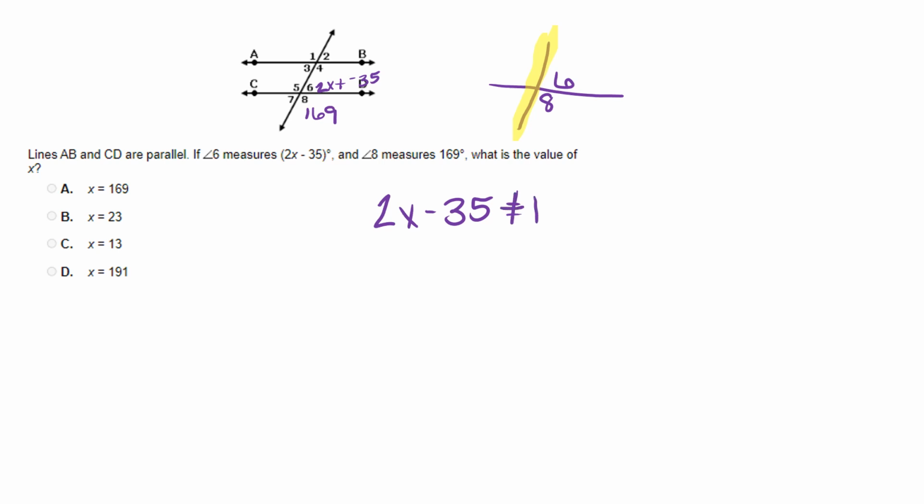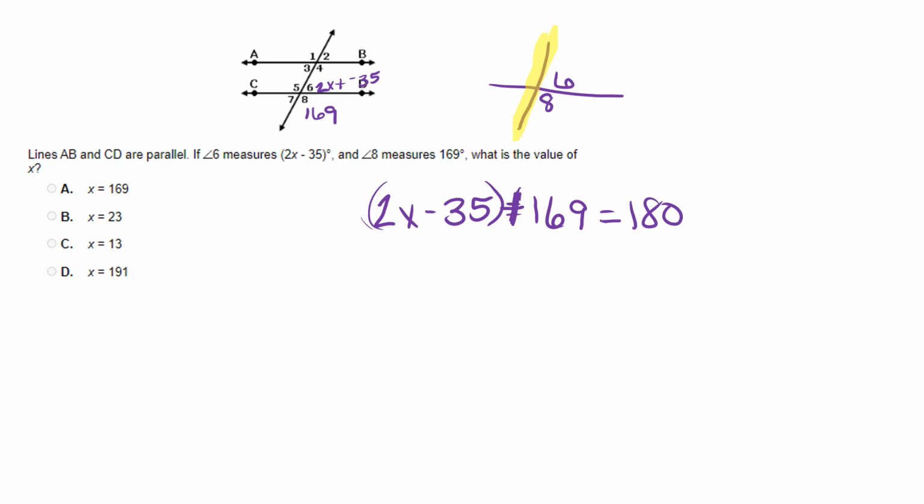Sorry, plus 169 equals 180. So I have 2x minus 35 plus 169. I just took both of those measures they gave me. They add together to get 180.